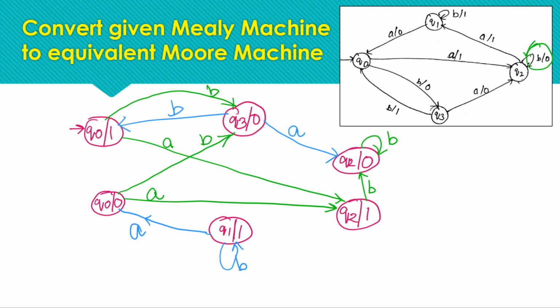Again we have another transition from Q2 for input symbol A. We are moving to Q1 for input symbol A and generating the output 1.